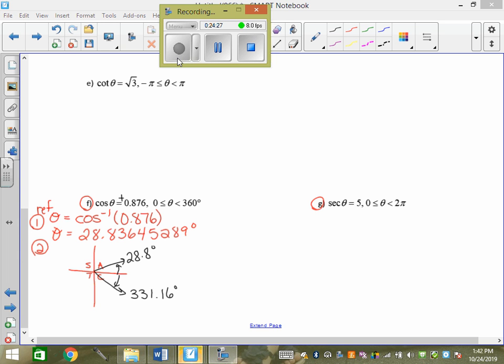Doesn't matter what you round to unless they specify. So then this one's cos theta equals 1 over 5. So I'm going to do reference theta equals cos inverse of 1 over 5, which equals 78.46.